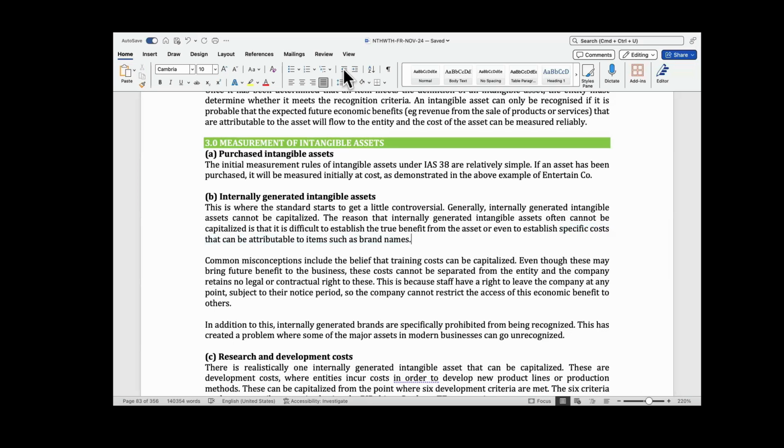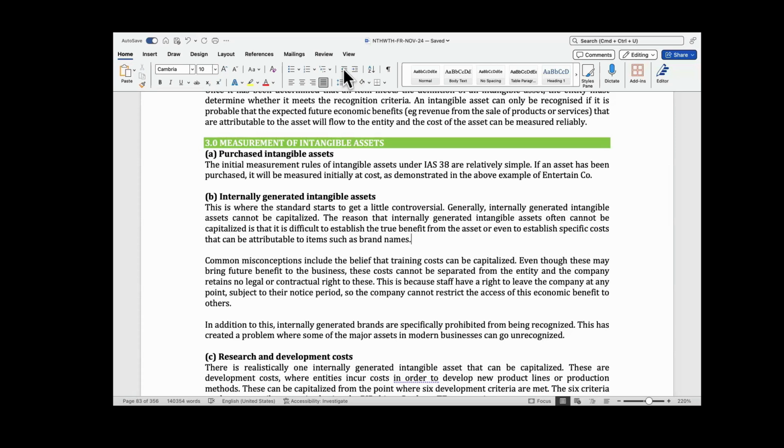The reason for that is clear: we can easily get a value for it. Mr. Kazim will teach you how to get the value for goodwill when a parent acquires a subsidiary. We can easily attribute the fact that the parent has paid a lot more than the identifiable assets and liabilities of that acquiree or subsidiary. That excess amount paid, we can attribute it to goodwill.